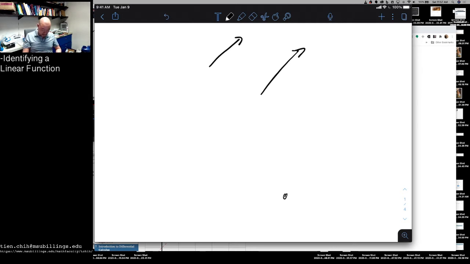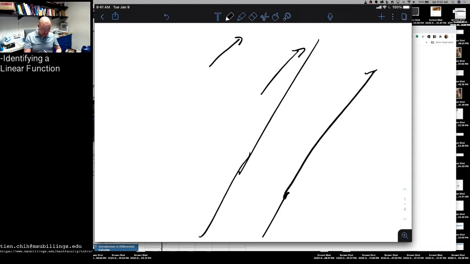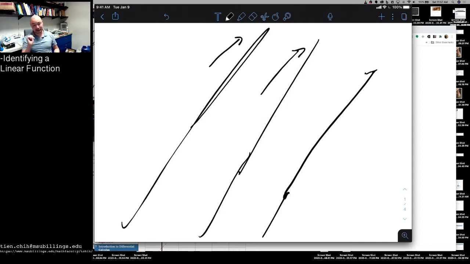Well, I could start from here and go northeast, or I could start from here and go northeast, right? There's just all sorts of different paths I could take. And so just being told a direction is not enough to identify a specific linear function.